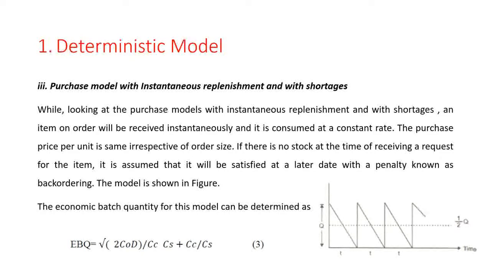An item on order will be received instantaneously and it is consumed at a constant rate. The purchase price per unit is the same irrespective of order size. If there is no stock at the time of receiving a request for the item, it is assumed that it will be satisfied at a later date with a penalty known as back ordering.